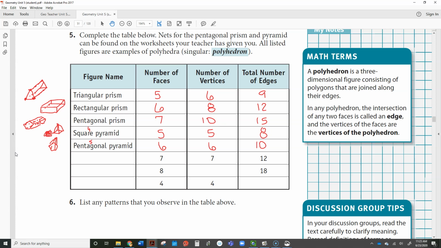So I'm assuming that with the 7 right here, if I do 1 less, I'll have 6. So that means it's a hexagon. And it followed this pattern. We went 5, 5, 8, 6, 6, 10. Here we went 7, 7, 12. So I'm assuming that since it followed the same pattern as the pyramids, then it'll be a pyramid too.